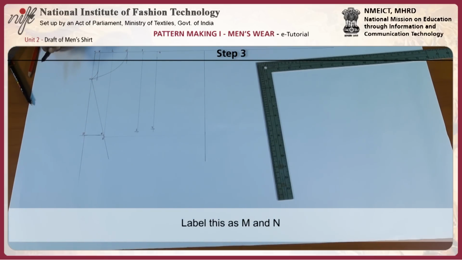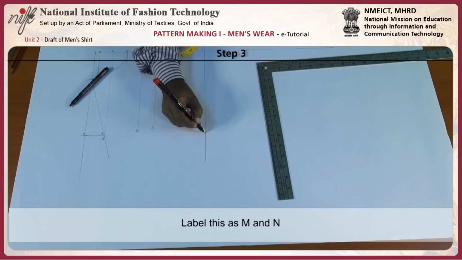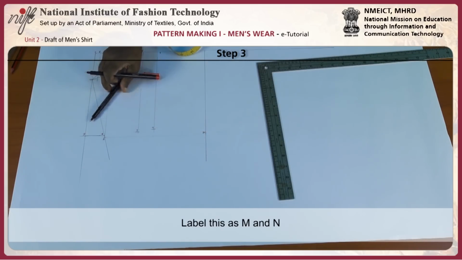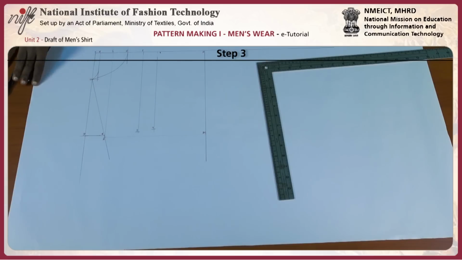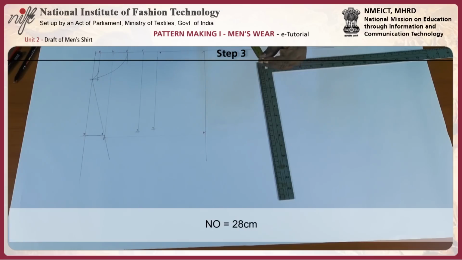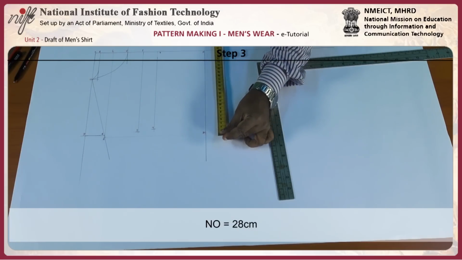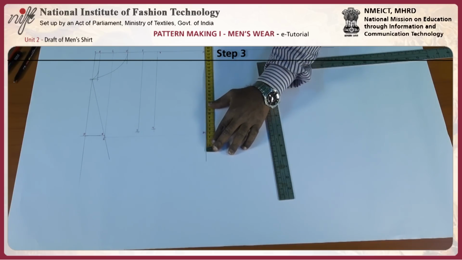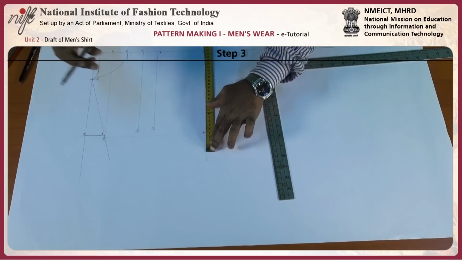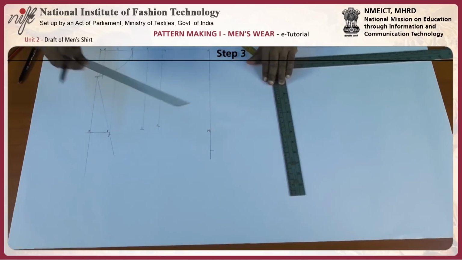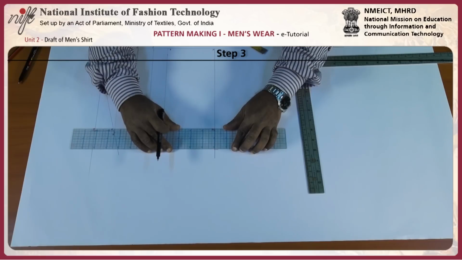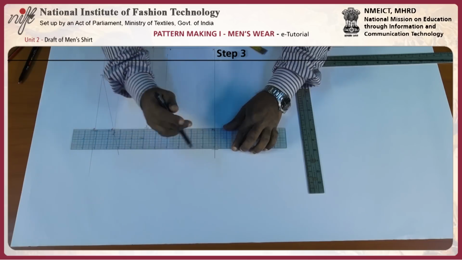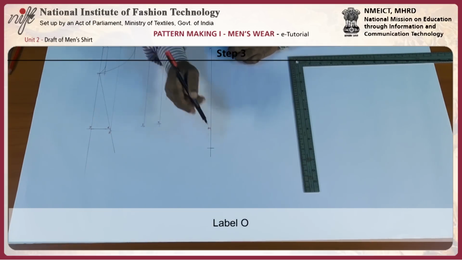Label this as M and N. N to O is 1/4 chest, 28 centimeter. Label O.